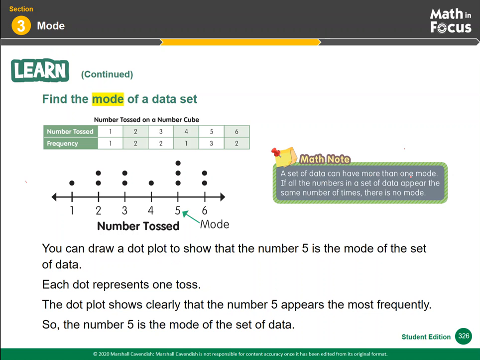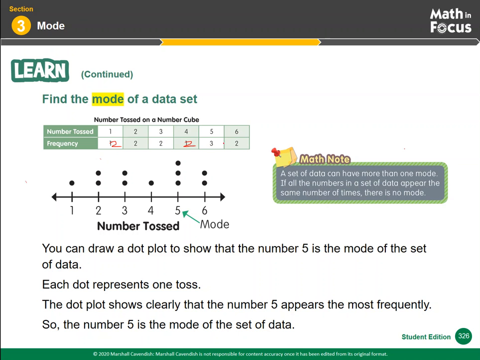A set of data can have more than one mode. If all the values in the data appear the same number of times, there is no mode. So let's say, by some freak, supernatural event, what if all of these were 2s?